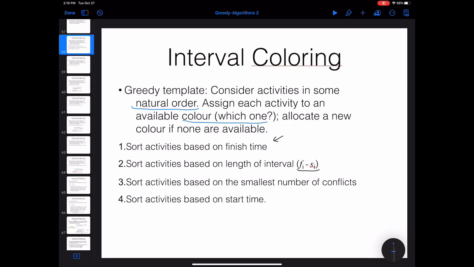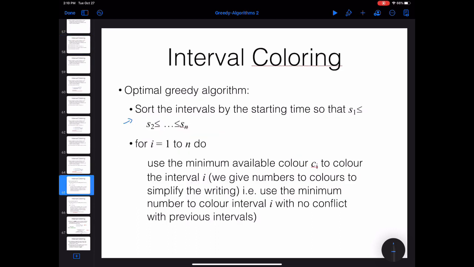Okay, I'm going to simplify the algorithm and say that, let's give a name to each color. So whenever I'm going to assign a color to the next job, I will find the color with the minimum index. I'm going to stick to this algorithm.